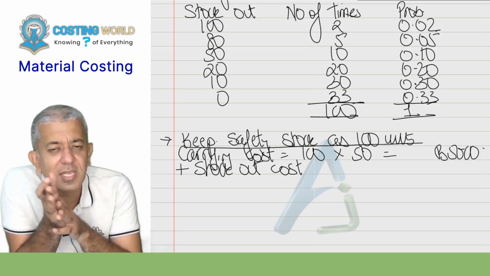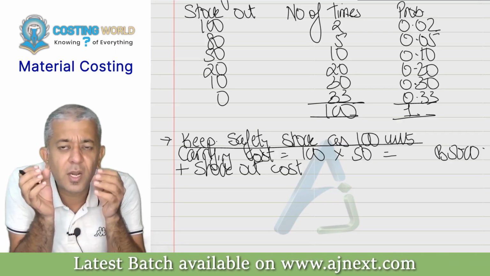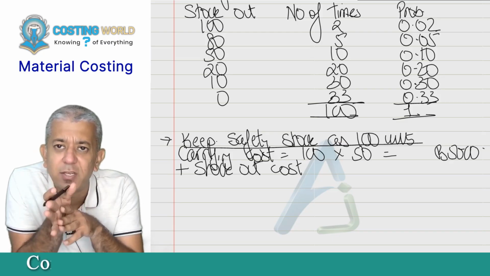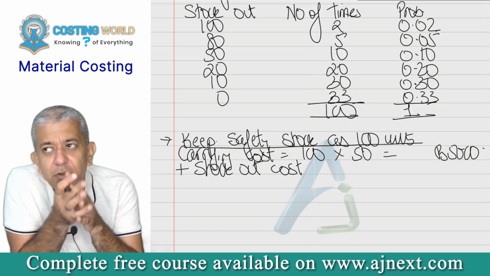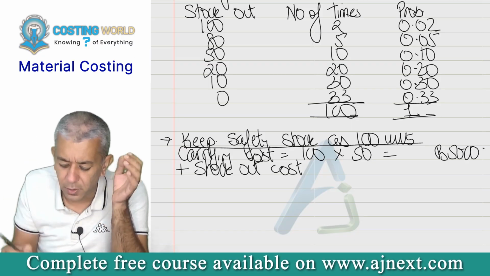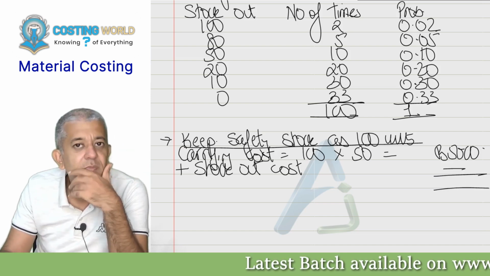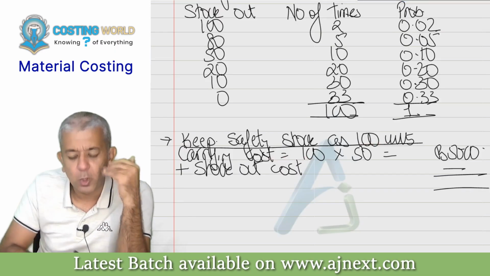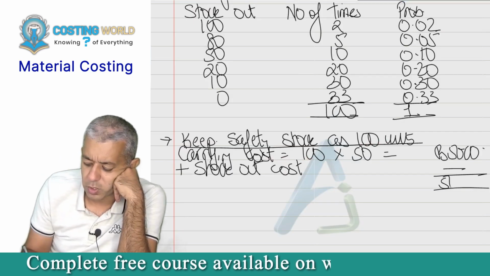Listen, can we say if I keep extra stock of 100 units, even under worst to worst case, maximum till now I have had stock out of 100 units only, no? Yes, sir. So if I'm going to be keeping extra stock as 100 units, can we say my stock out will completely become 0, no? Yes, sir. So that 150 rupees I will never ever lose. Is that all okay? Yes, okay, sir. So therefore total cost will be 5,000.